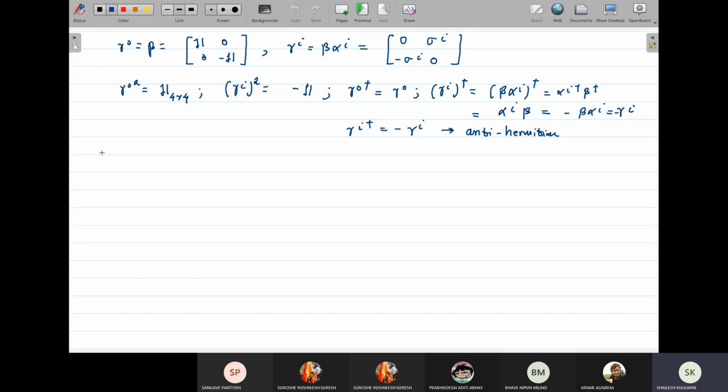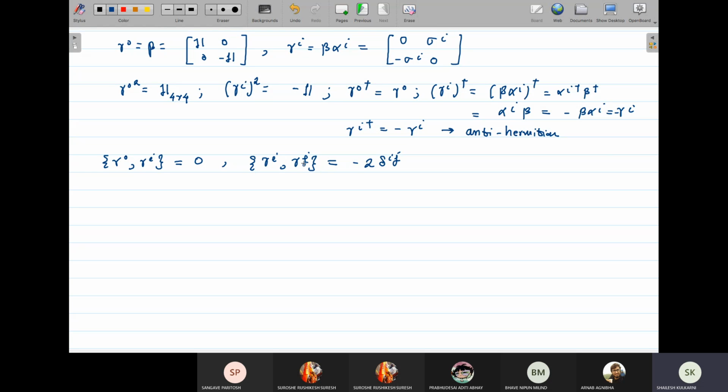Similarly, now, what are the anti-commutation relations between gammas? Using the definition of gamma in terms of beta and alpha, and using the anti-commutation relations between alphas and betas, you can easily show that the anti-commutator of gamma 0 and gamma i is 0, and the anti-commutation relation between gamma i and gamma j is equal to minus 2 delta ij.